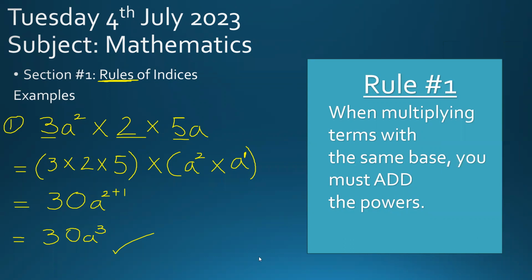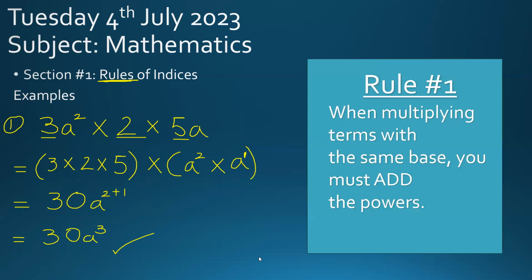What we did was we multiplied the numbers first in the brackets, and then we put the powers next to that afterwards. So we grouped the numbers.